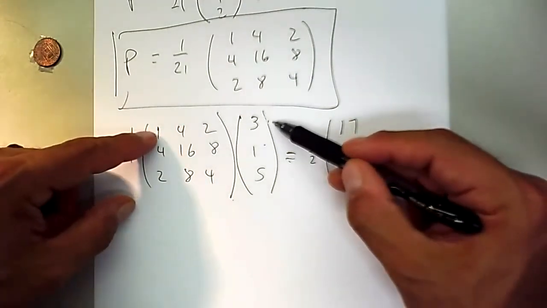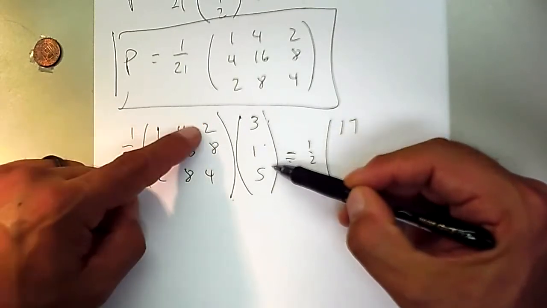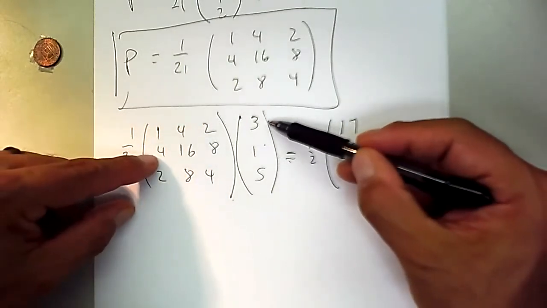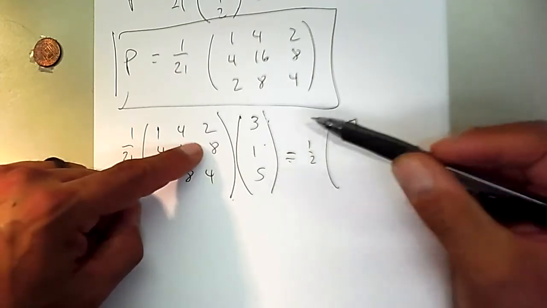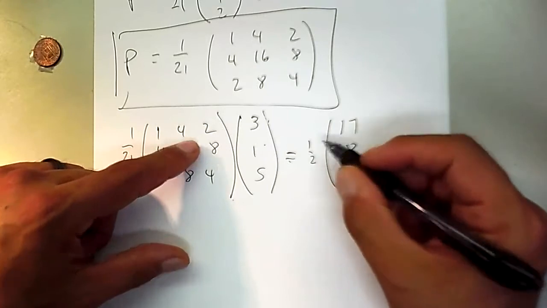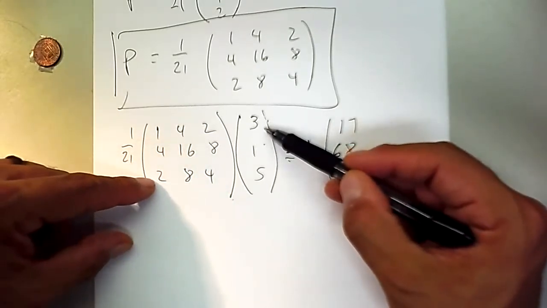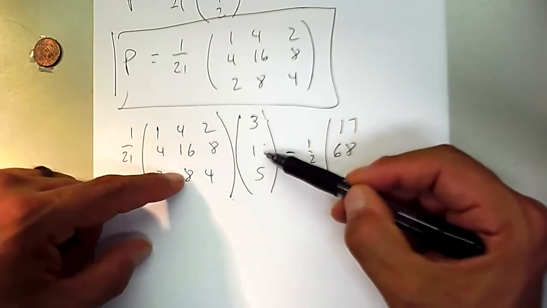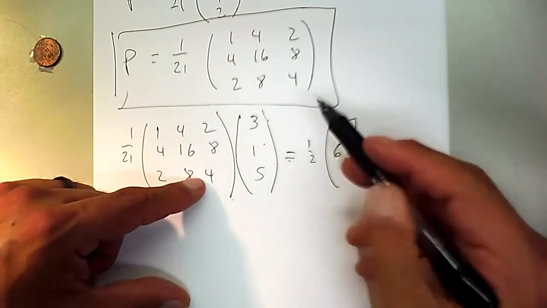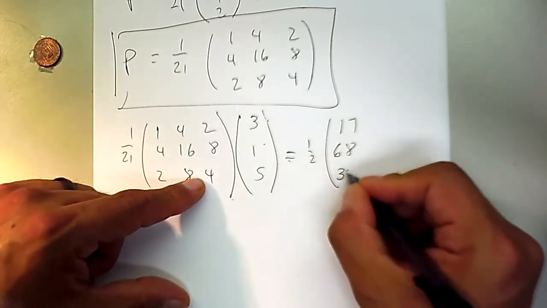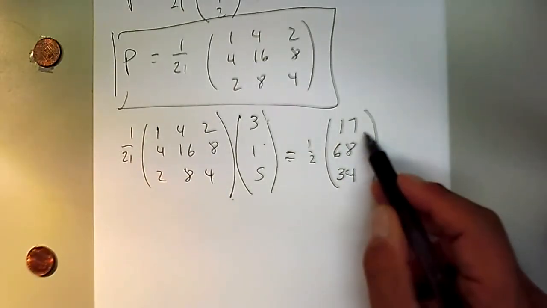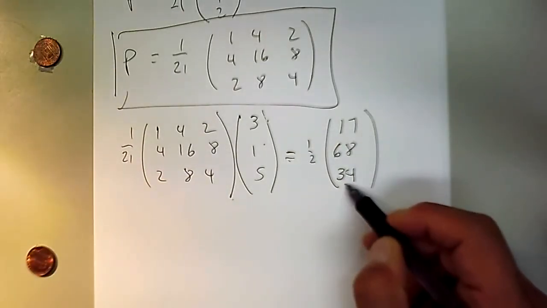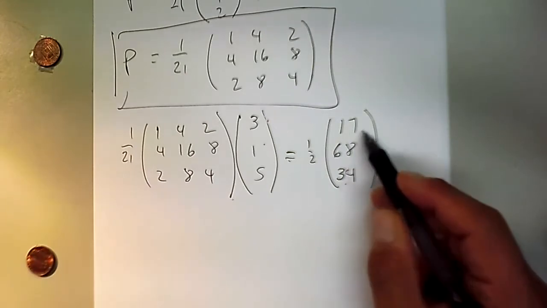Double check. 3, 17, 12, 28, 68, 6, 14, 34. Please tell me if I did anything wrong. 34, double that is 68, double 17.